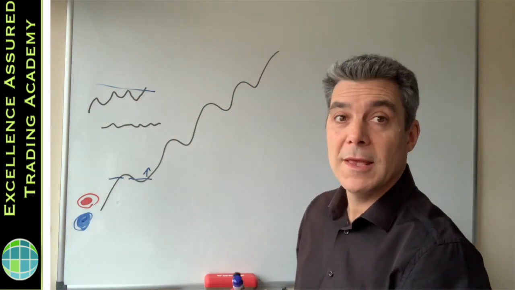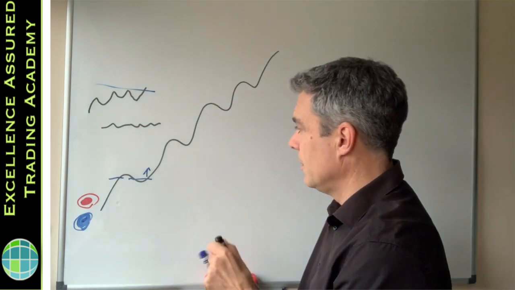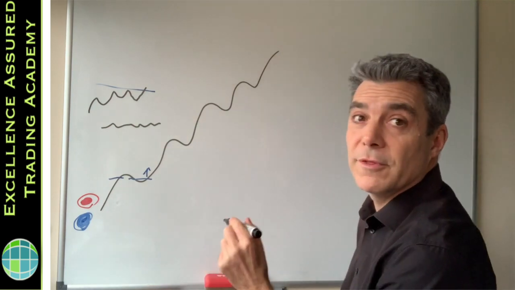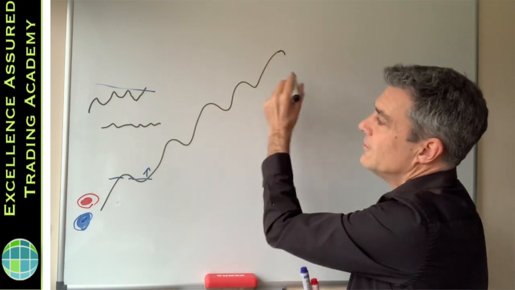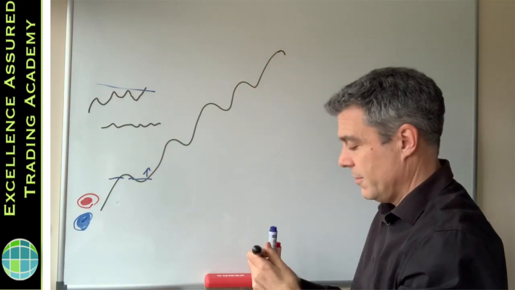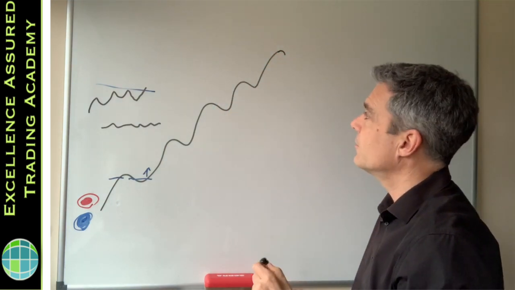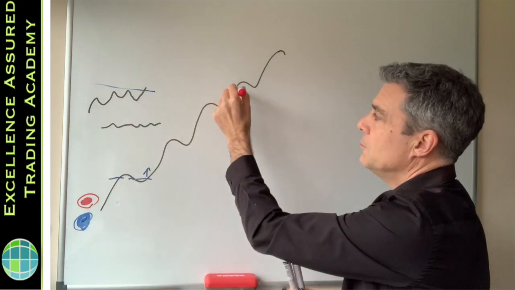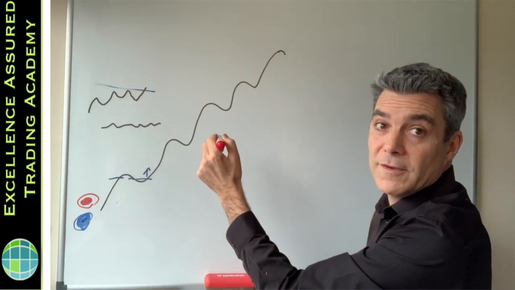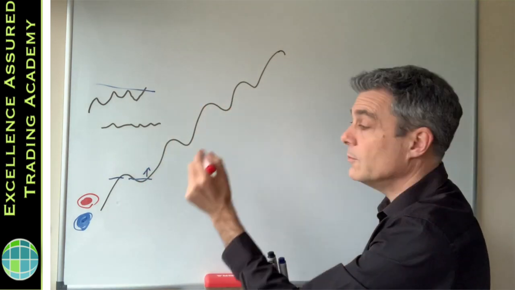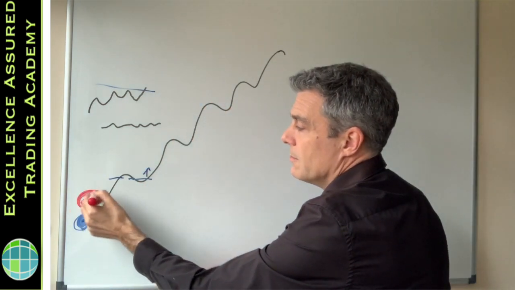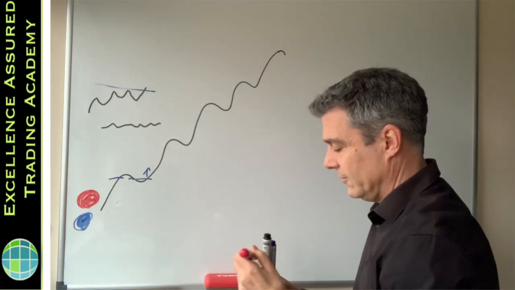Now, interestingly enough, eventually something happens at the top here. Okay, what happens at the top? It reaches a level where the sellers, because don't forget, you've got all these people who bought, eventually they've got to take profits at some point in time, and when they exit their long positions, they become sellers, and they become added to this pile here, potential sellers.